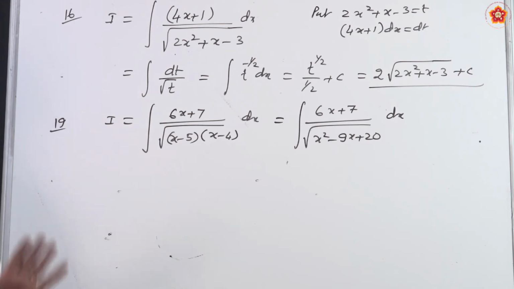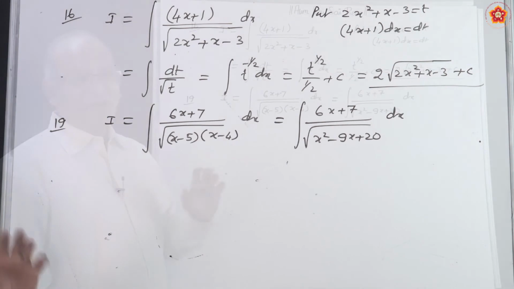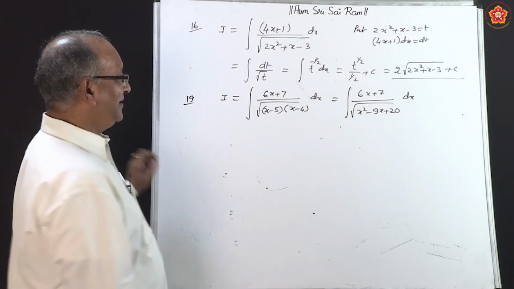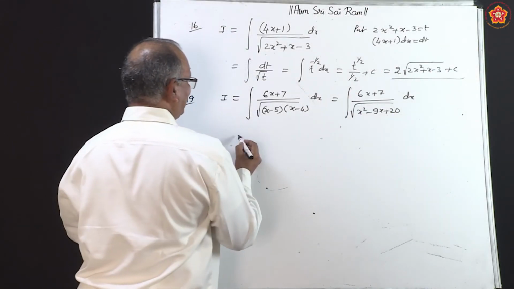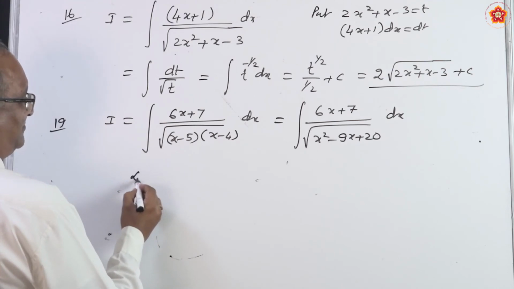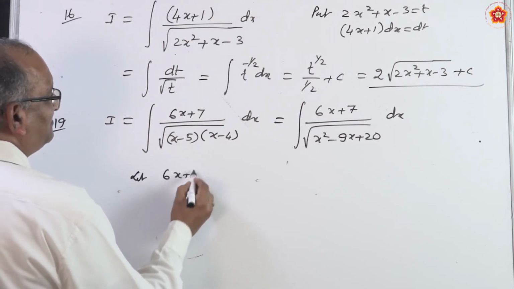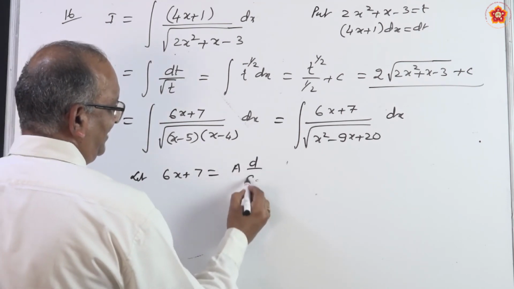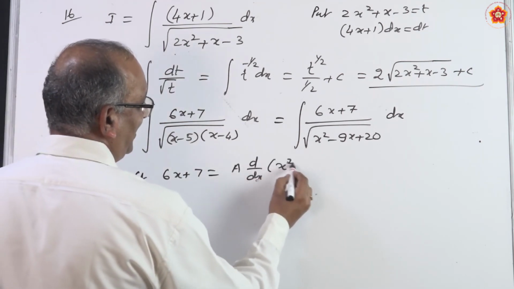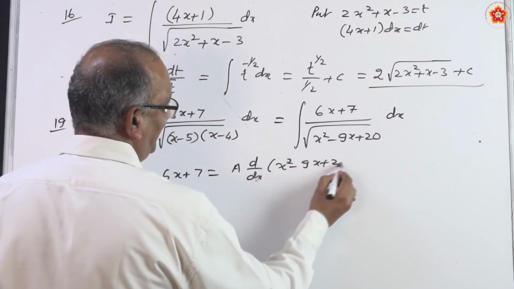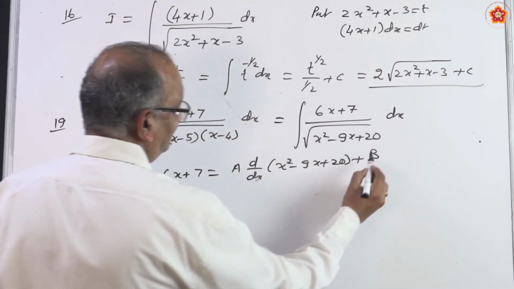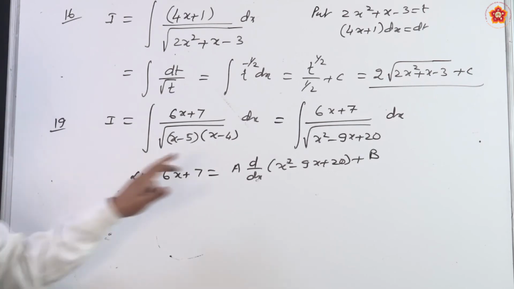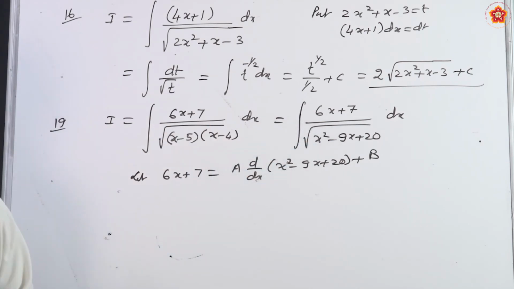You have no choice but to follow that method. So what is that method which we learnt? Let the numerator 6x plus 7 be equal to a into the derivative of x square minus 9x plus 20, plus b. And now our objective is to find out what a and b are.